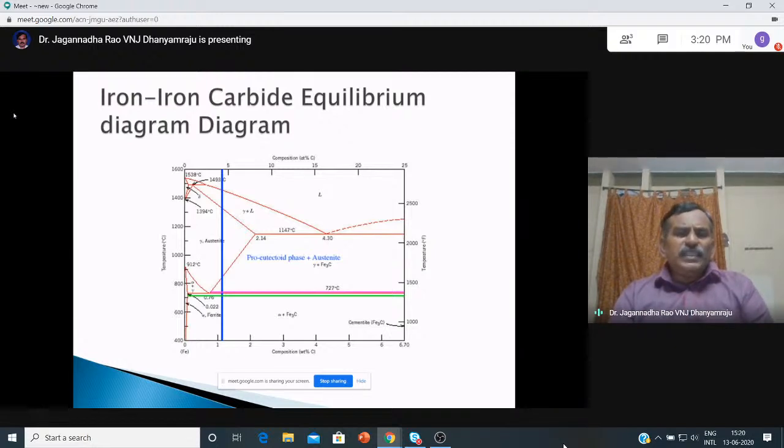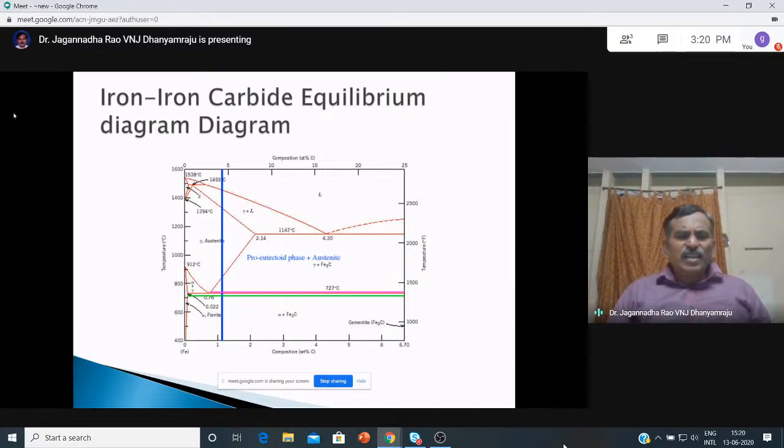So carbon is present interstitially in iron. Of course, iron is a metal and carbon is a non-metal. Okay, but however, they form alloys and these are called plain carbon steels or cast irons. Okay, now let us see this iron and iron carbide equilibrium diagram.